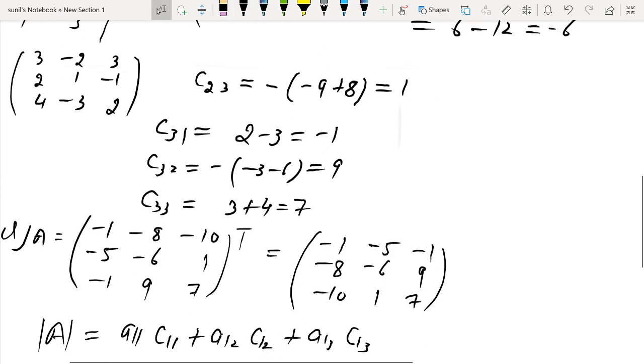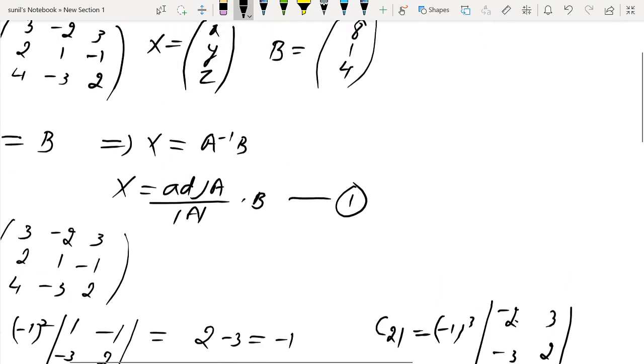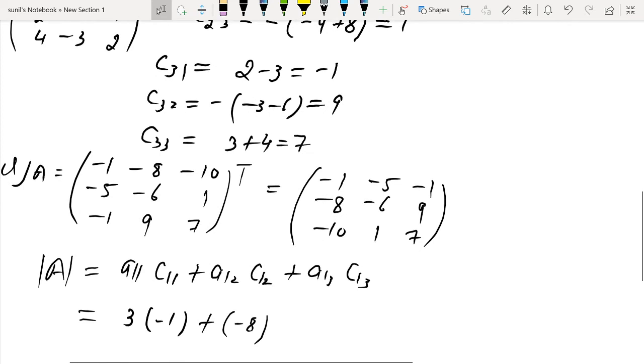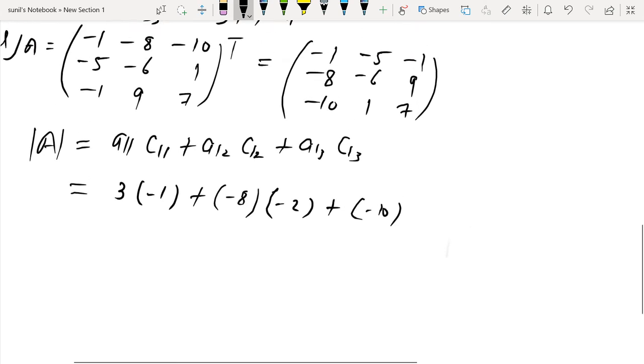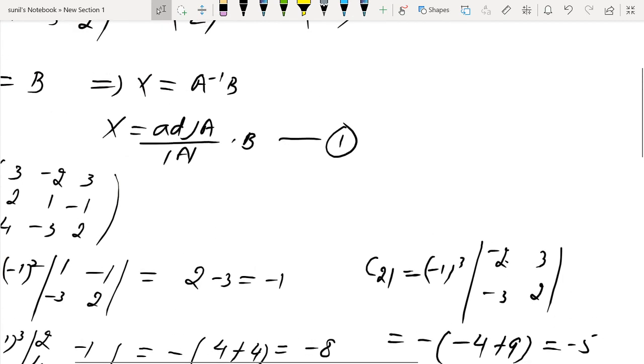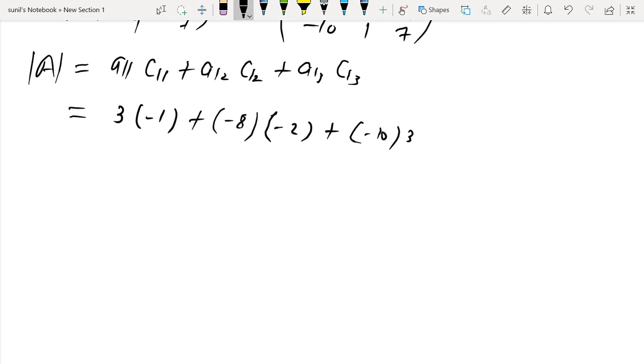That is 3, into minus 1, plus 2 into minus 8, plus 4 into minus 10. Now what are you obtaining here? Minus 3 minus 16 minus 40, that is minus 17.